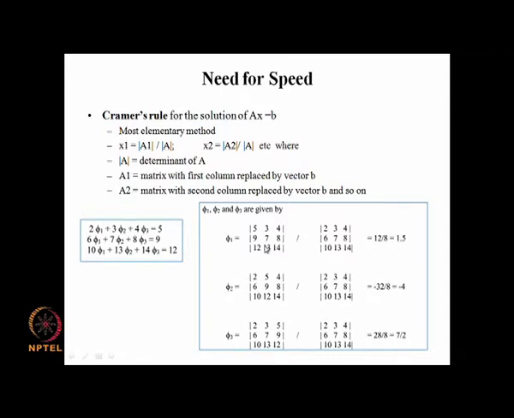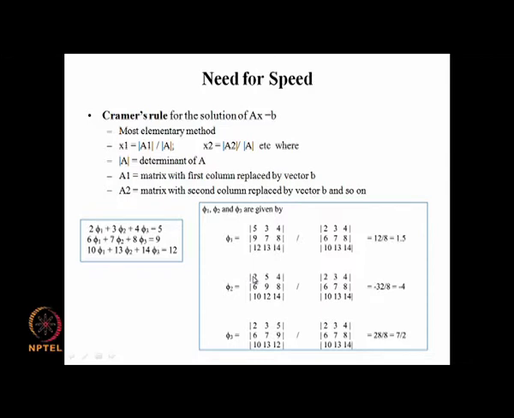And you can go through an evaluation of the two determinants, and you will get 1.5. If you want to get the solution for phi 2, then it is given by the original members of the coefficient matrix, that is 2, 6, 10 and all that, in which we replace the second column, that is 3, 7, 13, by 5, 9, 12.